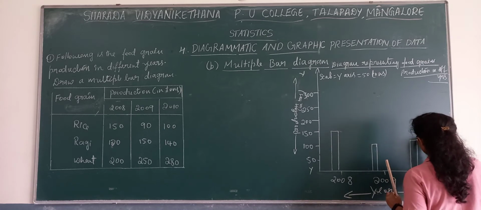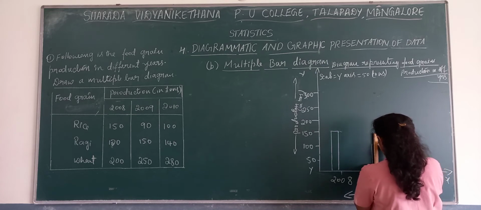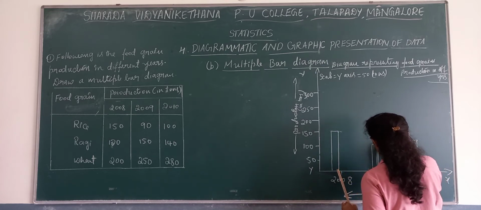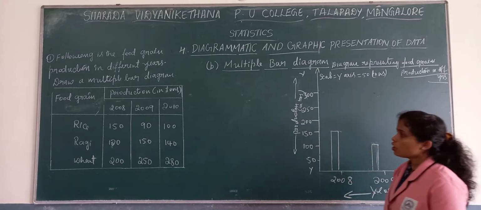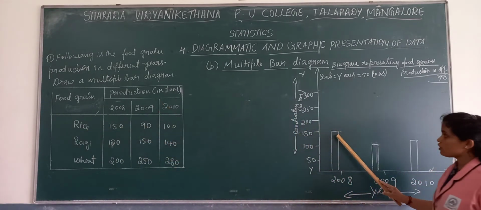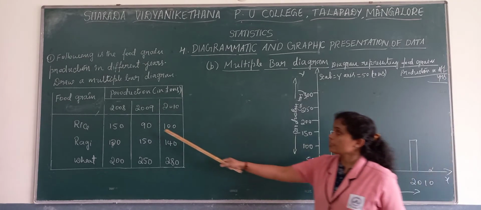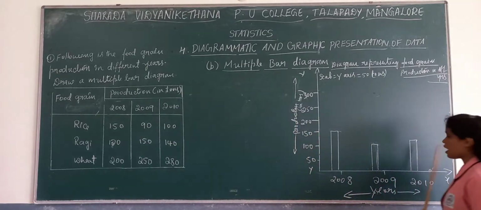It may not be equal width here in my diagram, but when you draw, it should be equal width. Okay, we completed with the rice: 2008 150, 2009 90, 2010 it is 100.